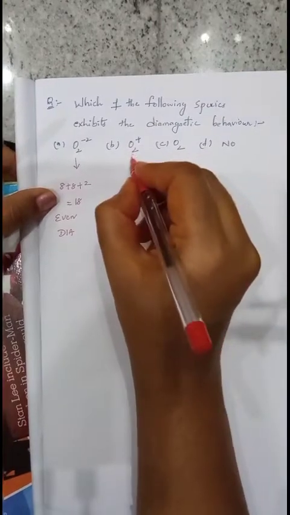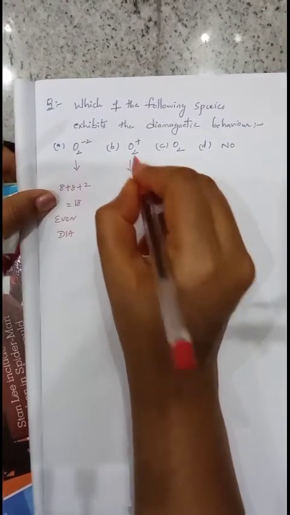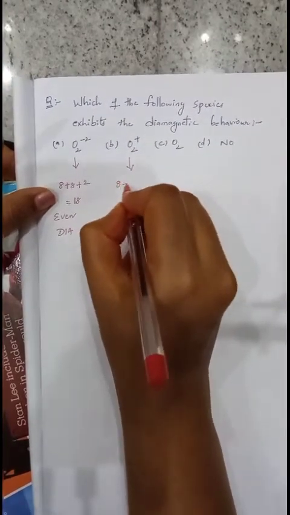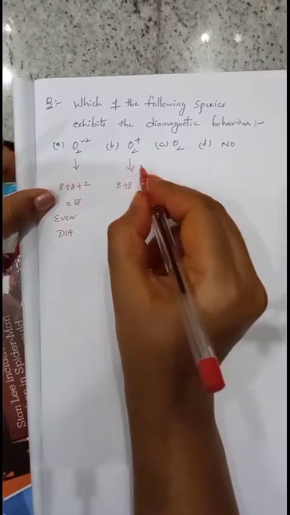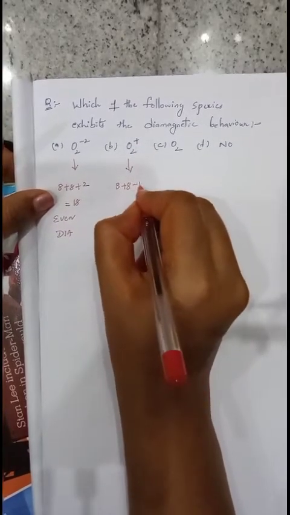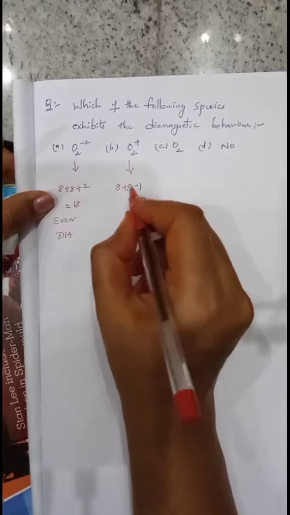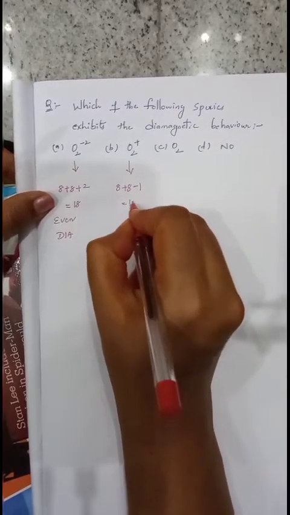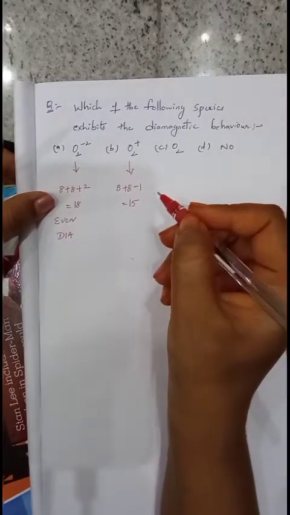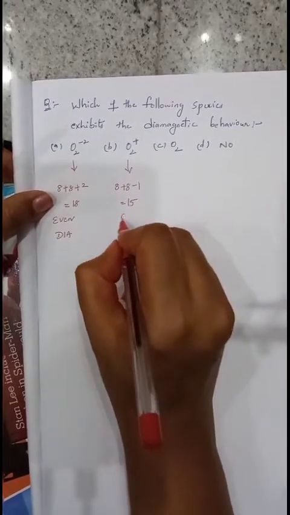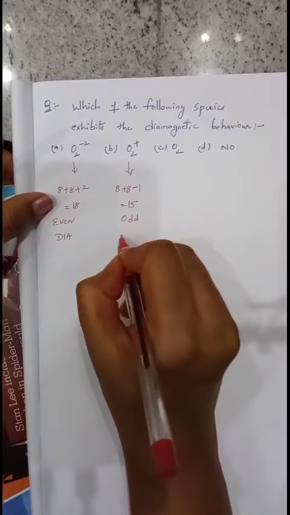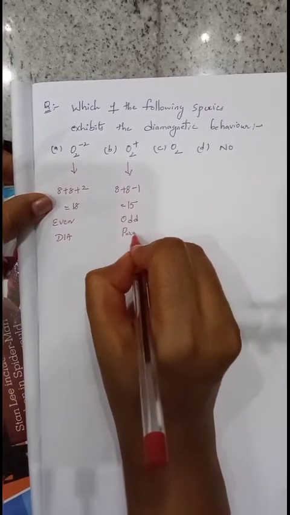Okay, now for this O2 plus, 8 plus 8. This plus indicates it has lost 1 electron, so subtract 1 electron. 8 plus 8, 16. 16 minus 1, 15. If 15 electrons are present, that is an odd number. An odd number indicates that it is paramagnetic.